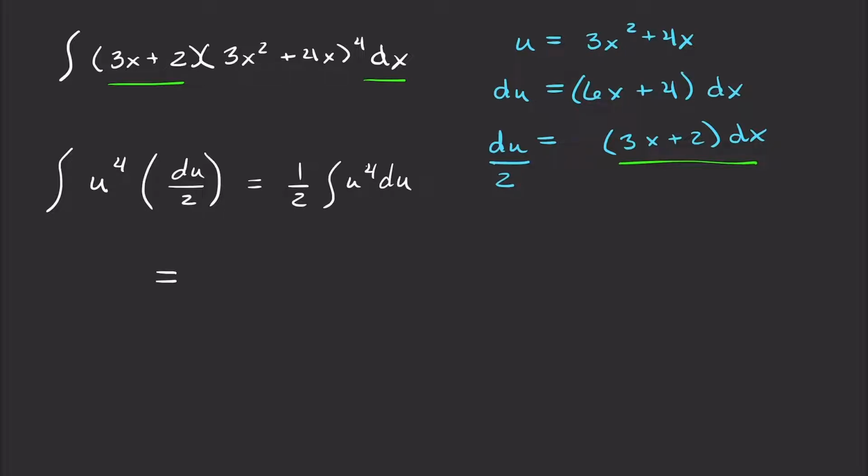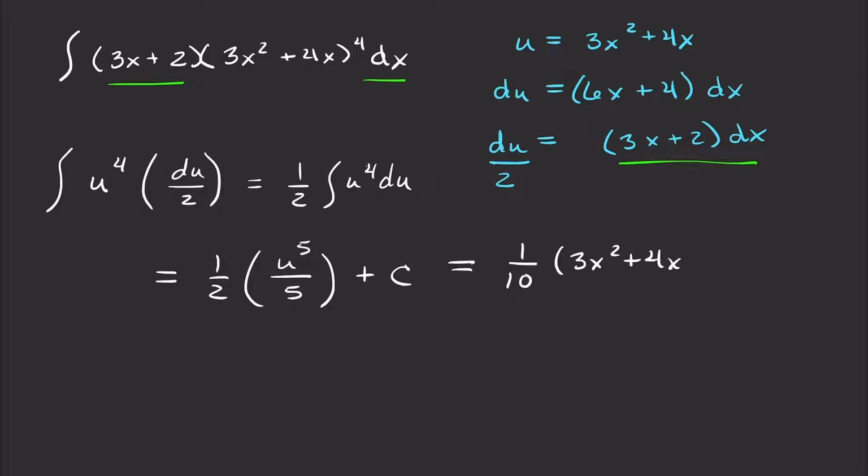If we use our rule, we get 1/2. We need to increase our exponent to 5 and then divide by that exponent, plus our constant of integration. And then we'll plug back in, so we get now 1/10, and then our u is 3x squared plus 4x, and that's raised to the 5th power plus c.